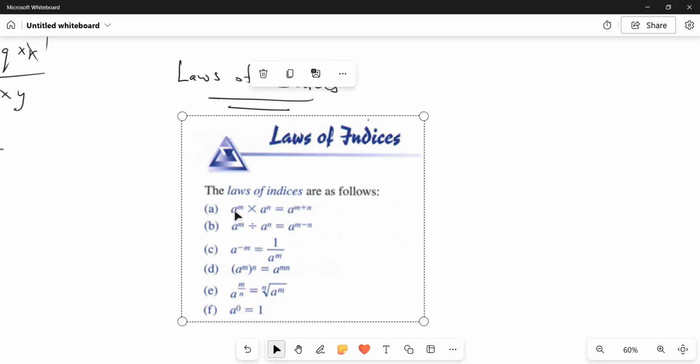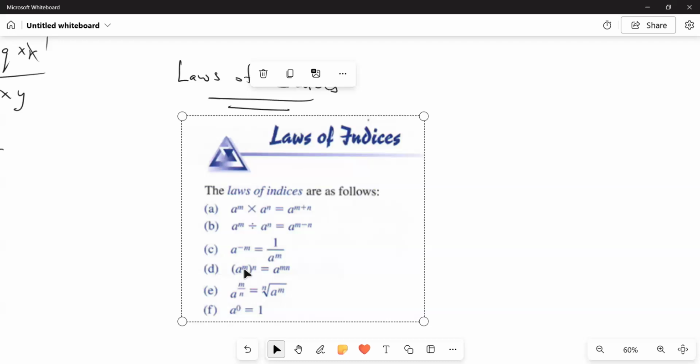This means a to the m power times a to the n power is equivalent to a to the m plus n. It's like you add the indices. With division, you subtract the indices, right? And these here really come from these. A to the minus m simply means 1 over a to the m.